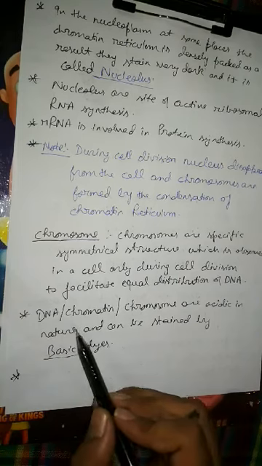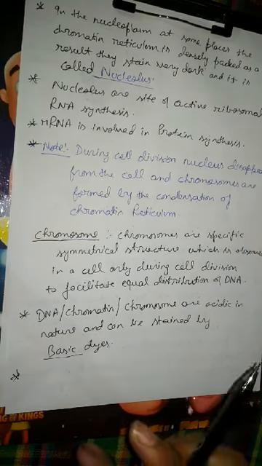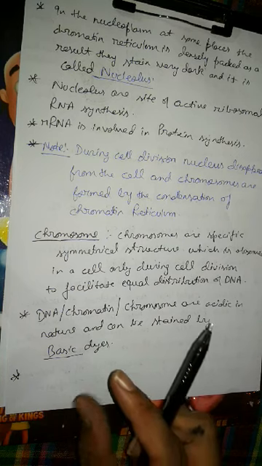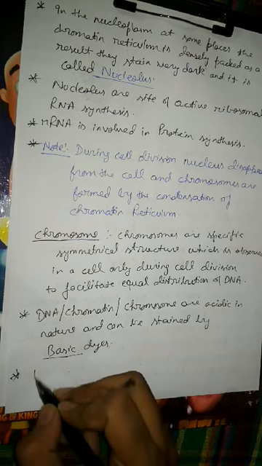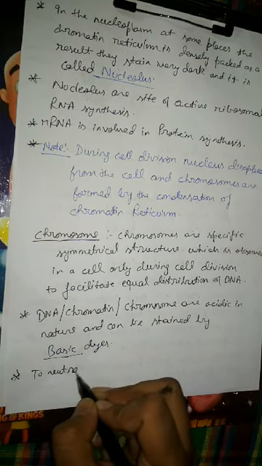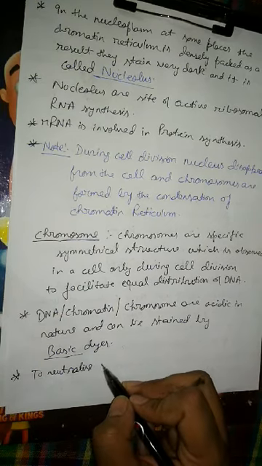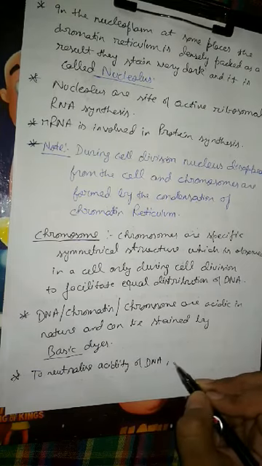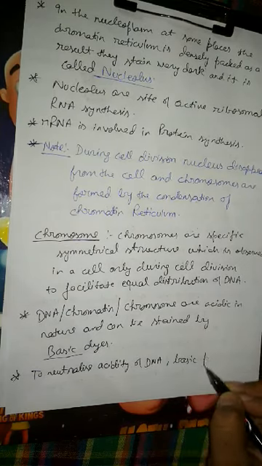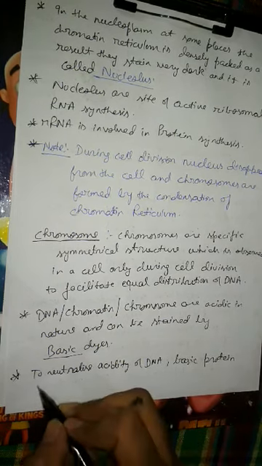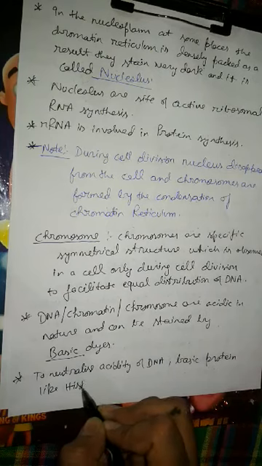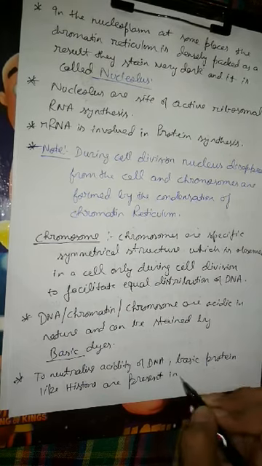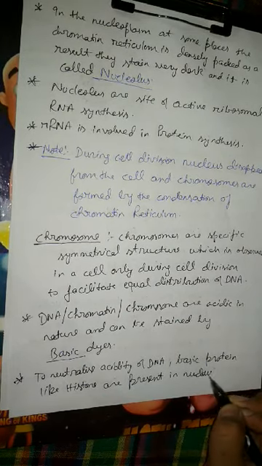Now, in order to neutralize the acidity of the DNA, a basic protein is present inside the nucleus, and that basic protein is histone. So to neutralize the acidity of DNA, basic proteins like histone are present in the nucleus.